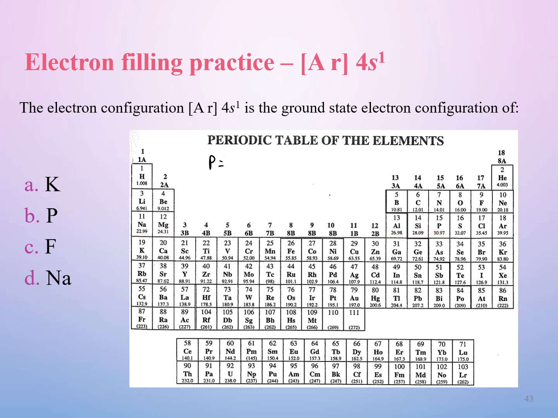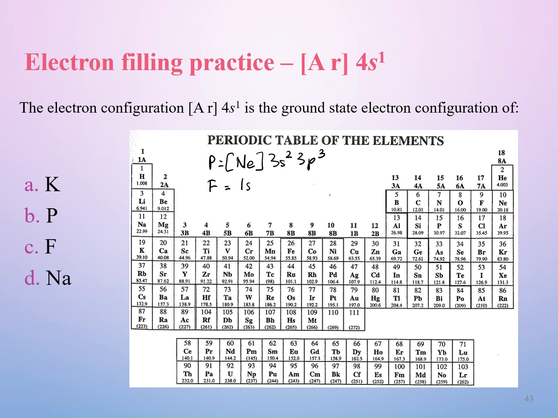So I can write down the answer as neon, and then plus level 3s2, and P was the third one, so 3p3. Okay, and if you do fluorine, fluorine is before neon, so we can't really do a short form. We'll have to write everything there. I guess you could do helium, but it's really not worth it.